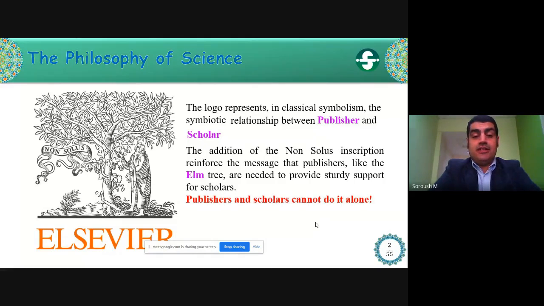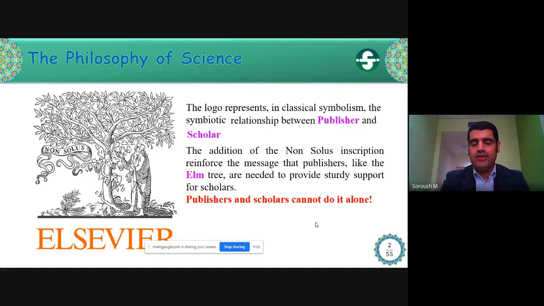We can see that there is a big tree here, which is called the elm tree, or the tree of knowledge, and there is a scholar, an old man, who is trying to take care of the tree and grow the flower or the grapes by the support of the tree.